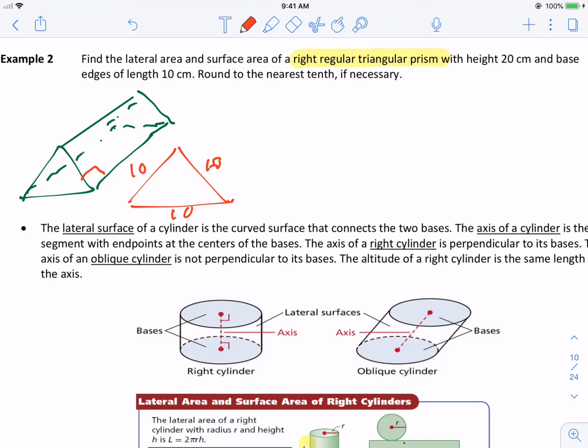And in general, to find the lateral and surface area of this prism, we'll start with the lateral area. The lateral area would be the perimeter of the base times the height. So the perimeter of this regular triangle would be 3 times 10.